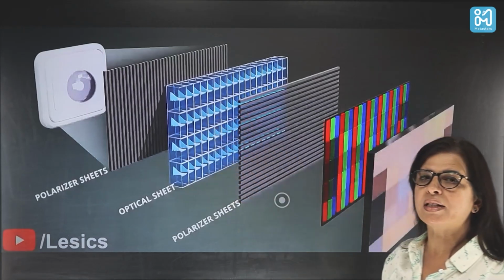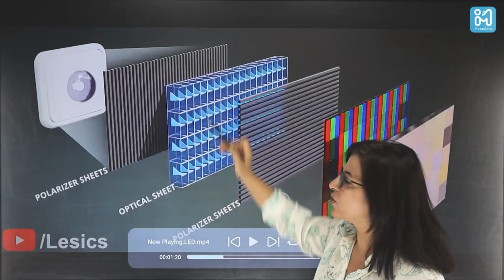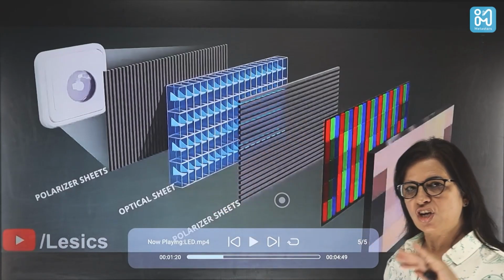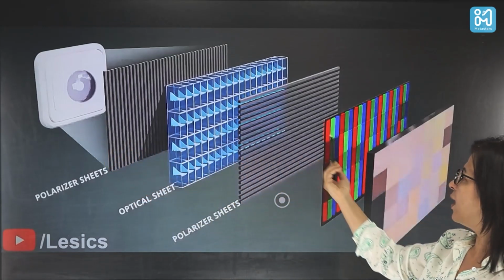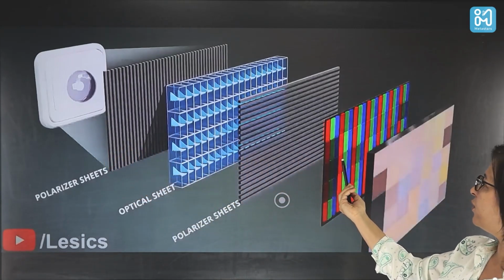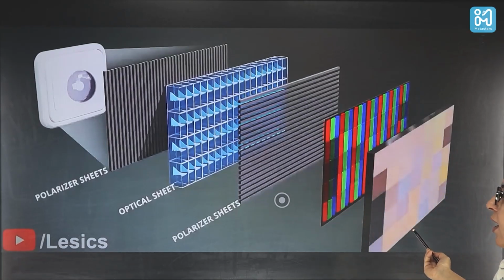Because of that, we name it liquid crystal display. It comes from this liquid crystal that changes the intensity of light coming from the backlight into the color filter, and then at the end it will be seen on the screen.